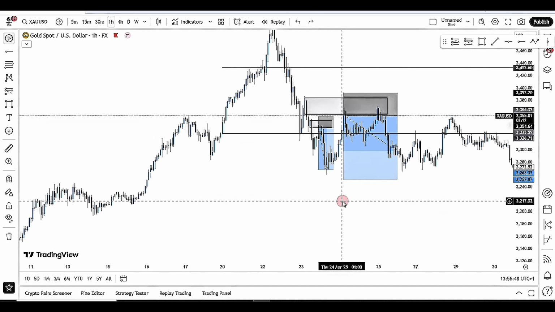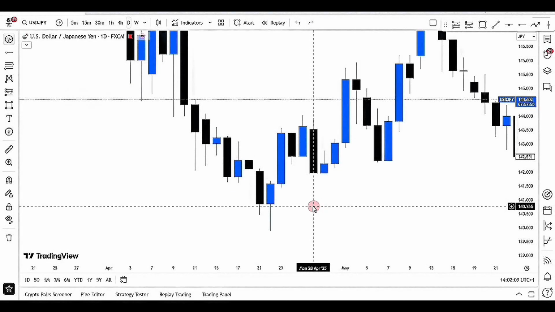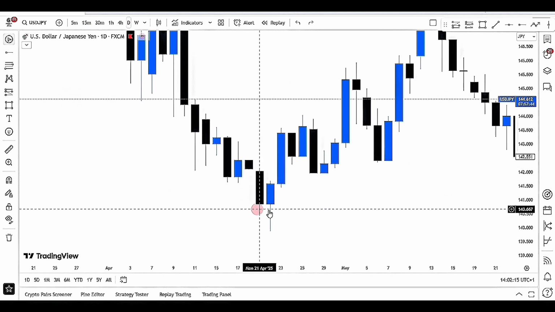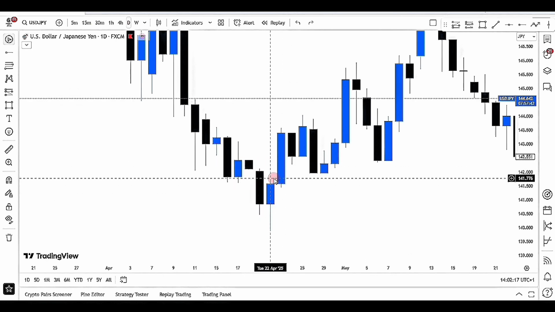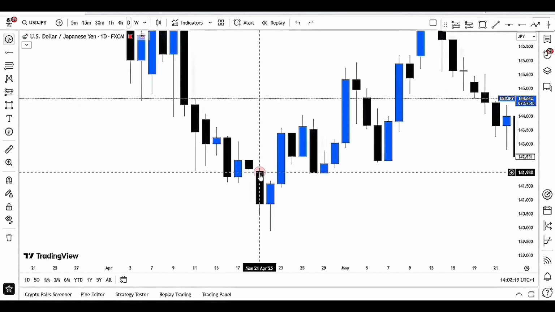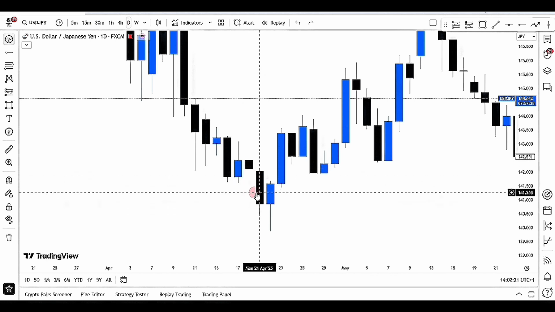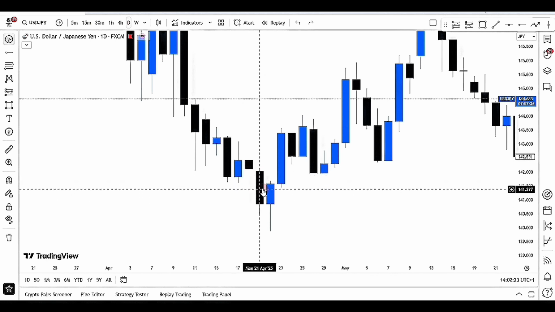So we are going to be moving over to the bullish pattern. On the daily time frame, we have the candle range formation around this very level. So what do we have? We had this very bearish candlestick pattern which formed around this level.